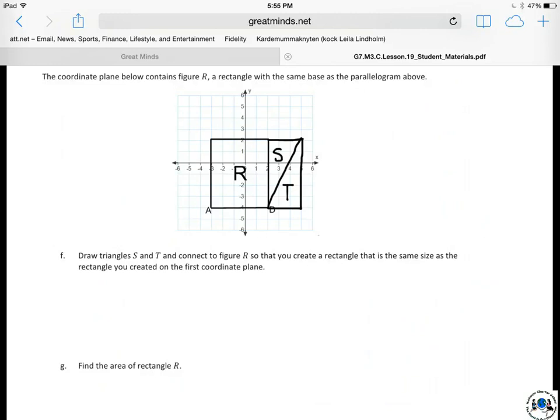Okay. So very simply, I created S and T just like that, which are both similar sizes, and I made them the size that would be comparable to the rectangle we made before. So if yours looks like that and has an area of 48 square units, then you have created a good rectangle.